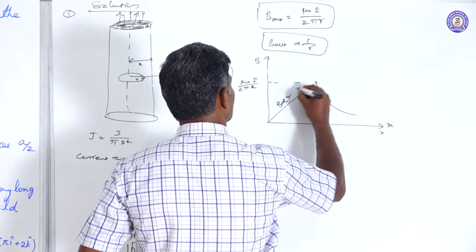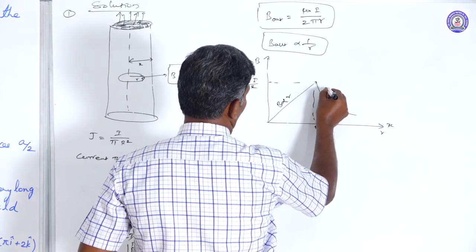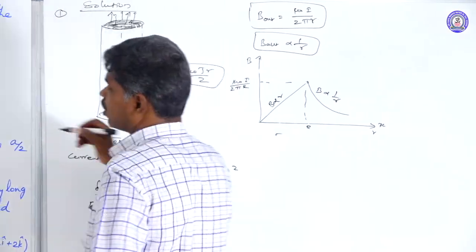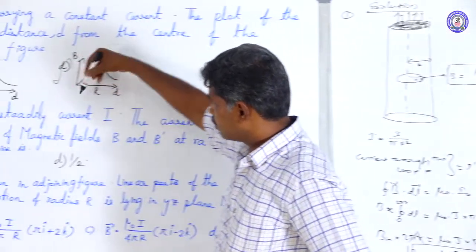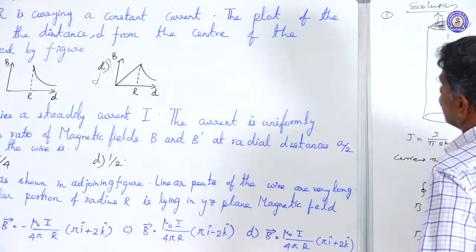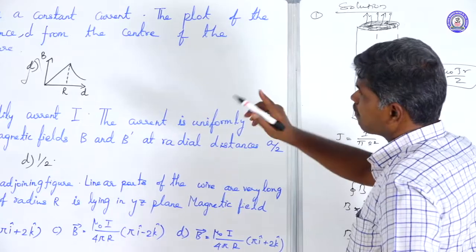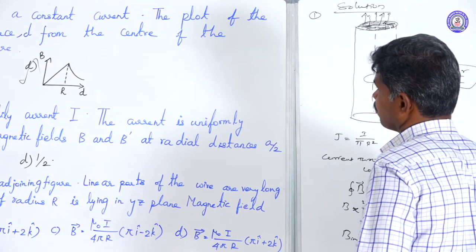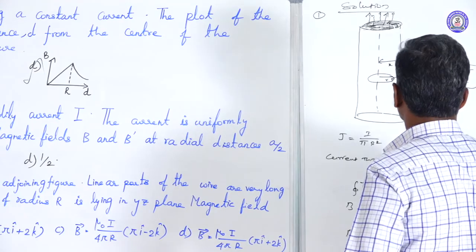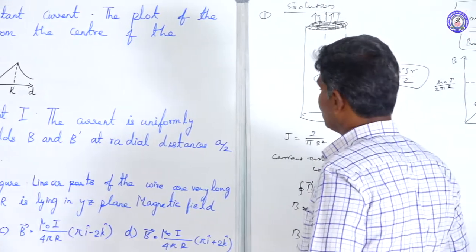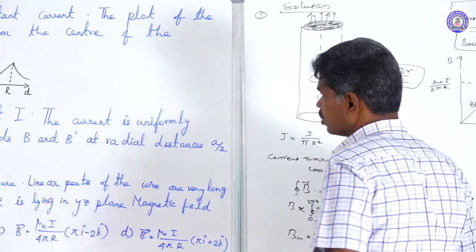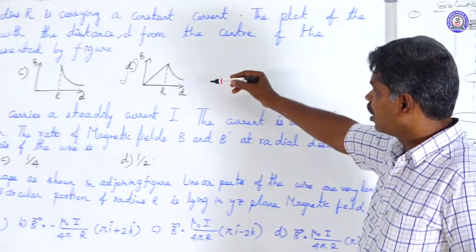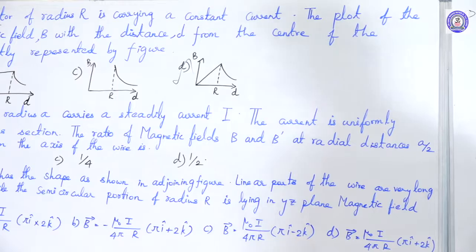B is proportional to r inside, and B is proportional to 1 by r outside. This is suitable for our option D. Our answer is option D: for a solid conductor of radius r carrying a constant current I, inside the field is proportional to the distance, outside it is inversely proportional to the distance. That's why our answer is option D.